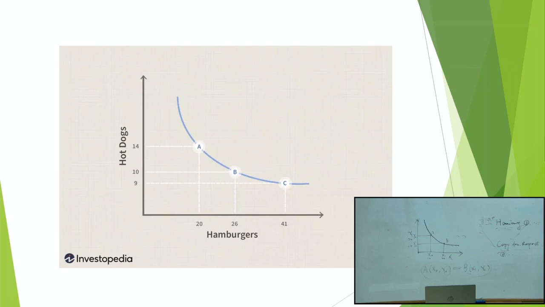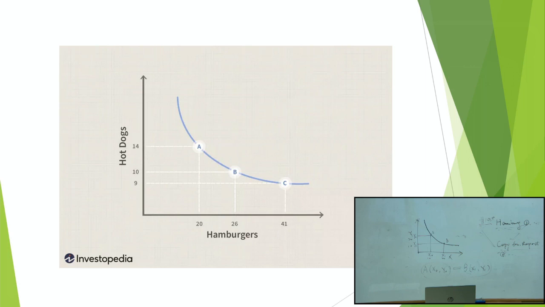But in the ordinal utility indifference curve, point A, point B, and point C give the same utility. That's why if I choose 26 hamburgers and 10 hot dogs, it's very pleasant or satisfying. But another person chooses differently, saying I like hamburgers better than hot dogs.